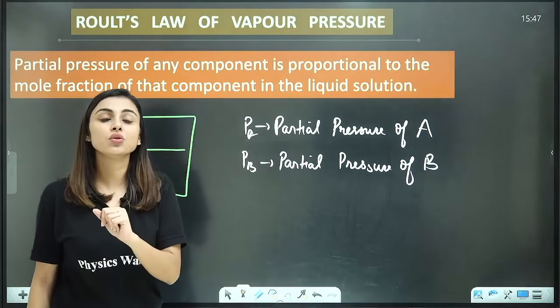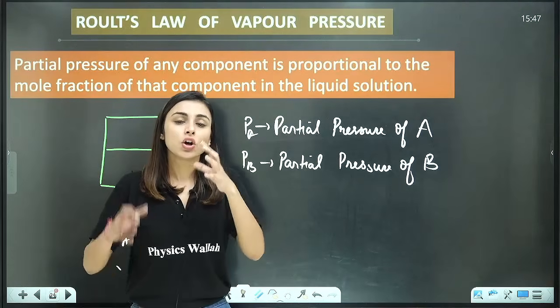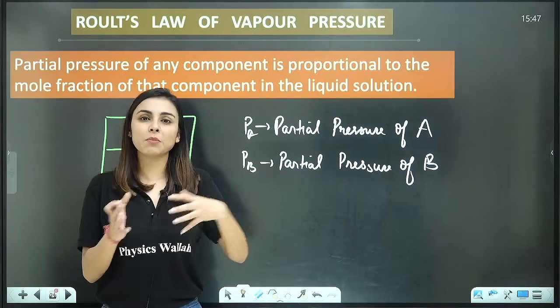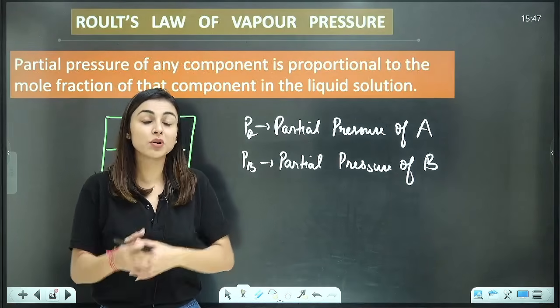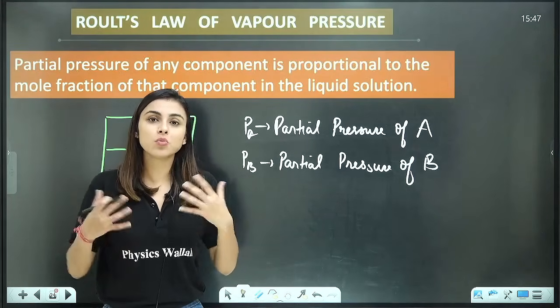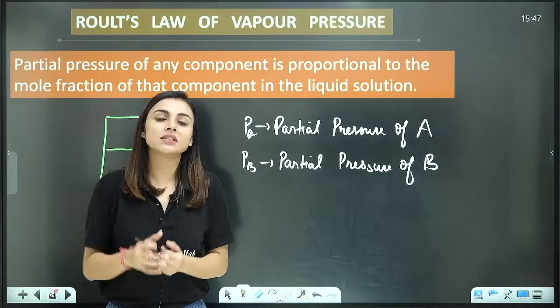But my question to you is, if you have moles of A more as compared to moles of B, then the partial pressure of A would be more. Yes, because A is in a larger amount, so it will exert more pressure.